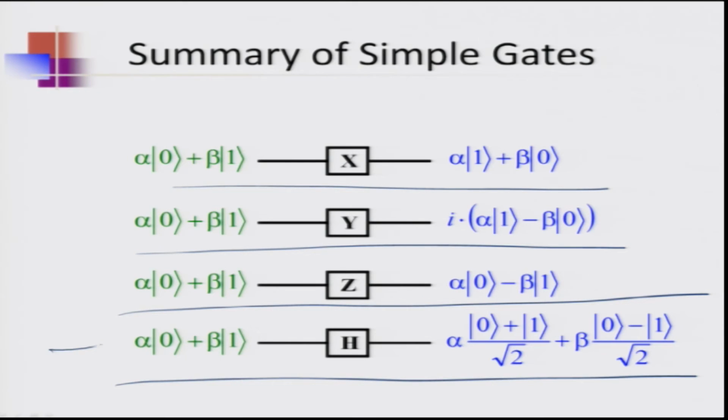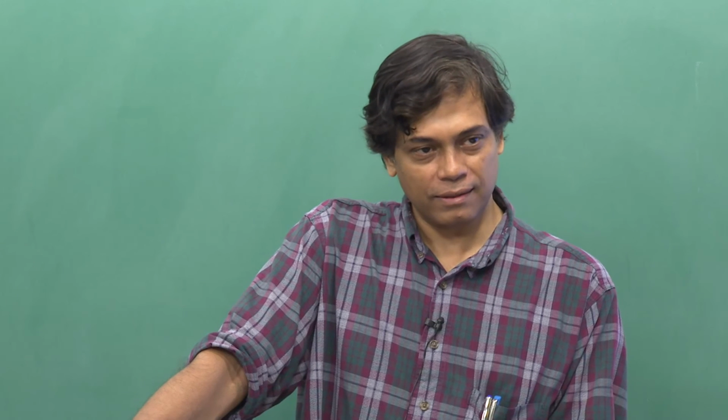Now, this Hadamard gate is actually very important, as we will find out later, because what it is producing is a superposition of the two states that are involved with the individual amplitudes, right. So, basically you are sort of equalizing the two states, right.